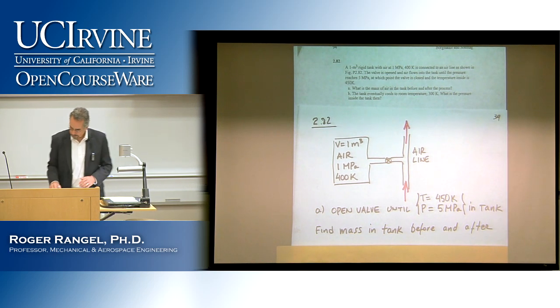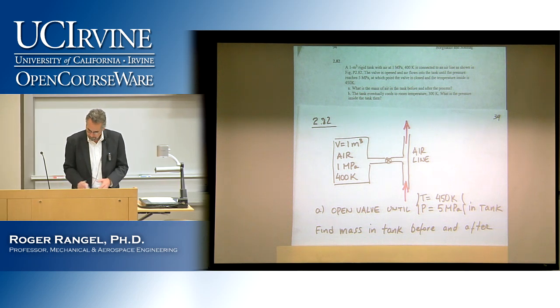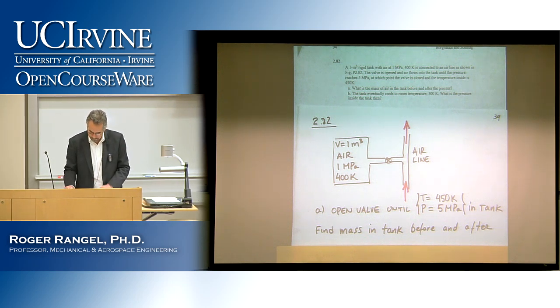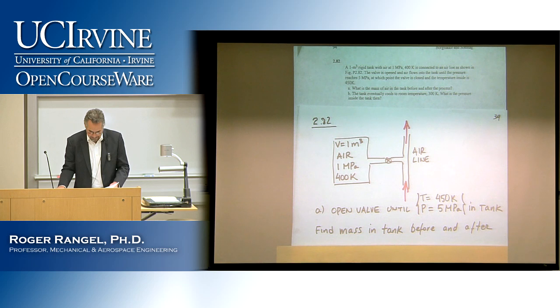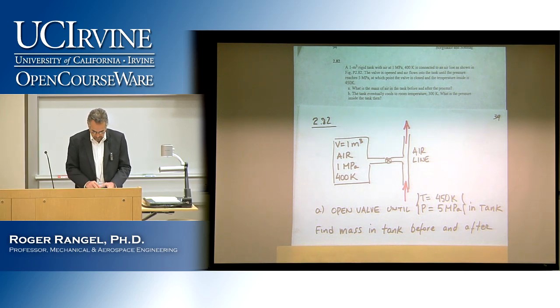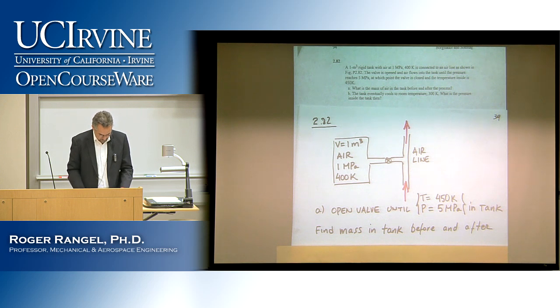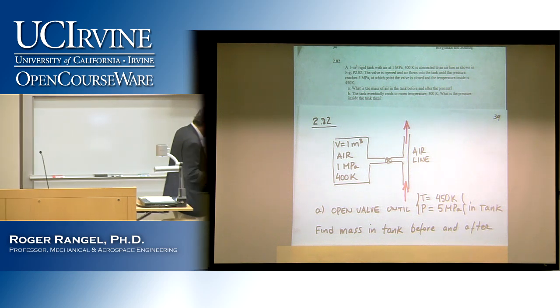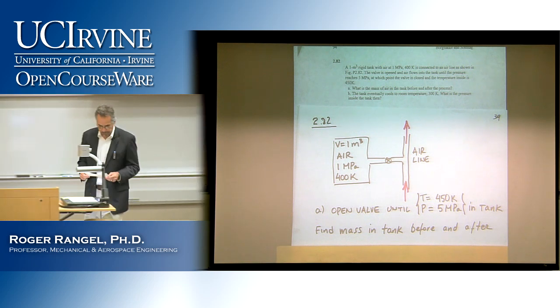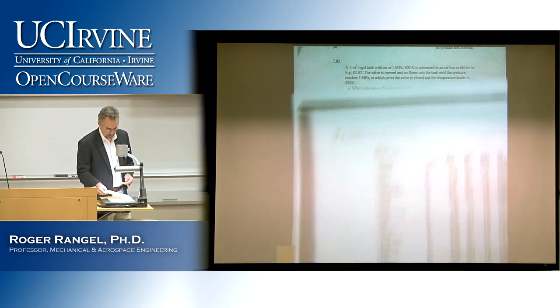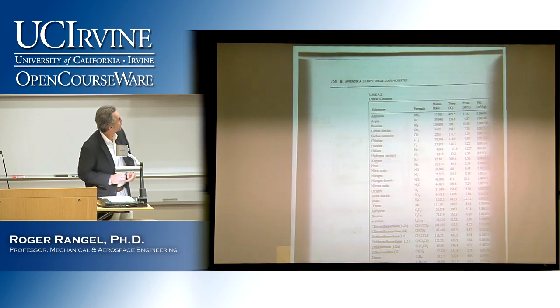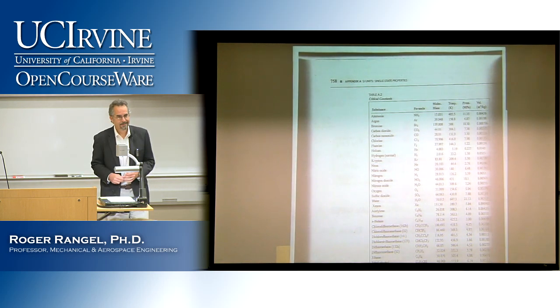All right? So how can we do this? We have air at those conditions. So if we go back to this table, of course, we're not going to find air, right?